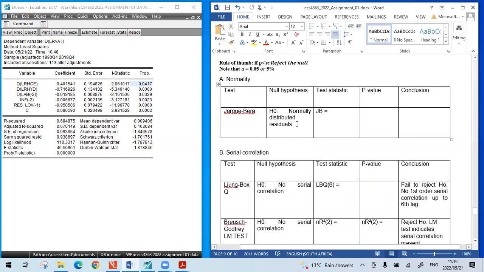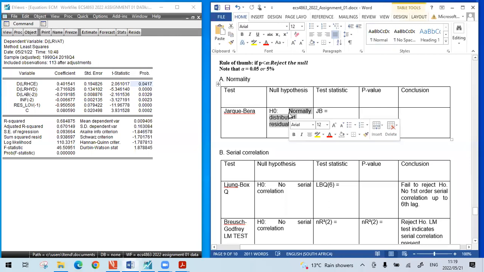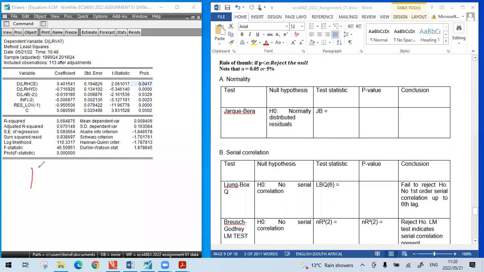What is the null hypothesis? This is different from what we've been doing. If you remember, under co-integration, the null hypothesis was no co-integration. Then the alternative was there is co-integration, right? That's what we've been doing up there.